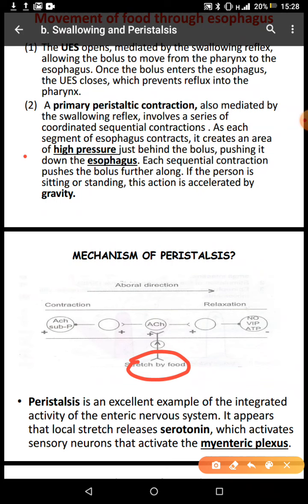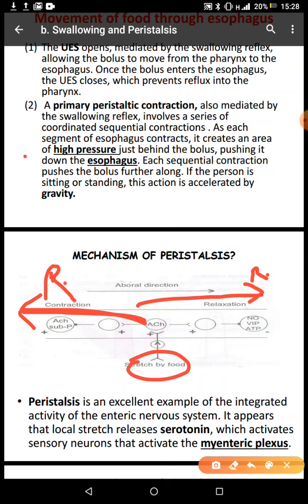Now, within the myenteric plexus, we have neurons that move in this direction, and then we also have neurons that move in the opposite direction. Those that move in this direction we can call retrograde neurons. This one we call anterograde neurons.